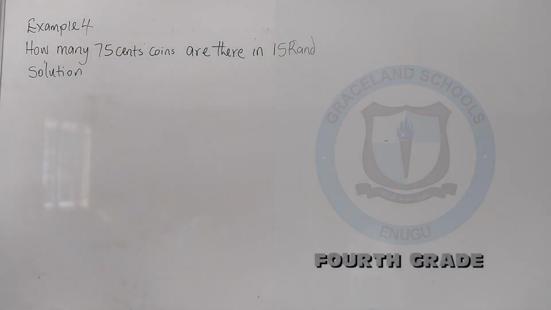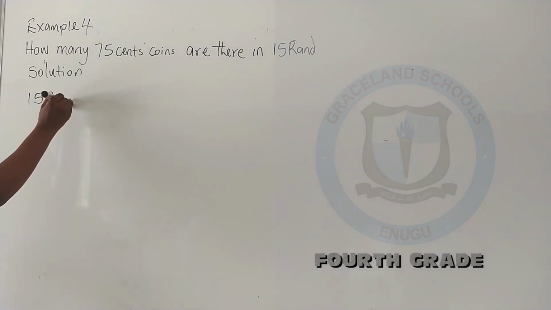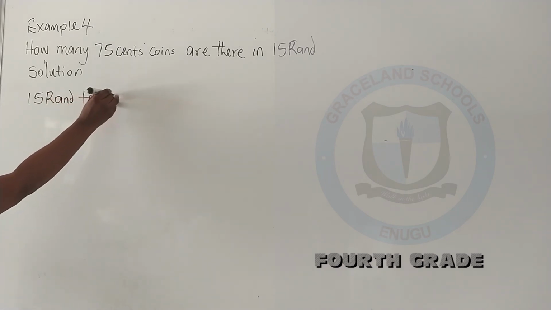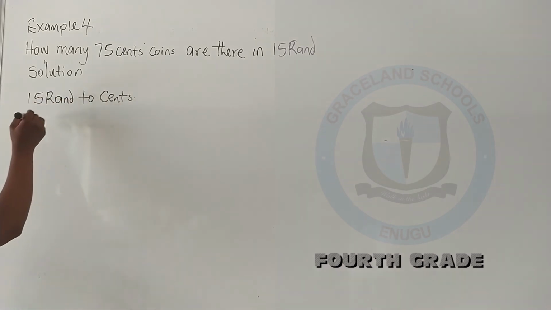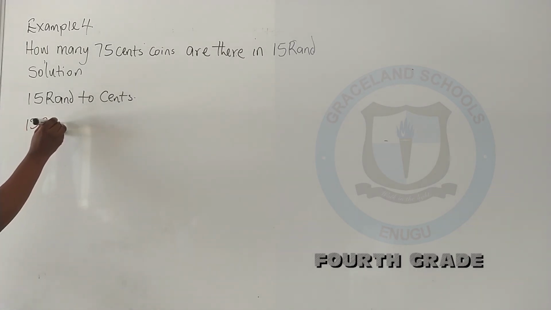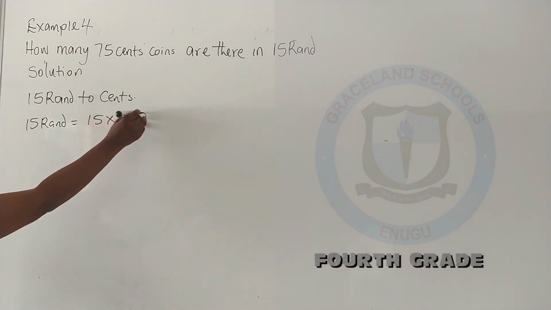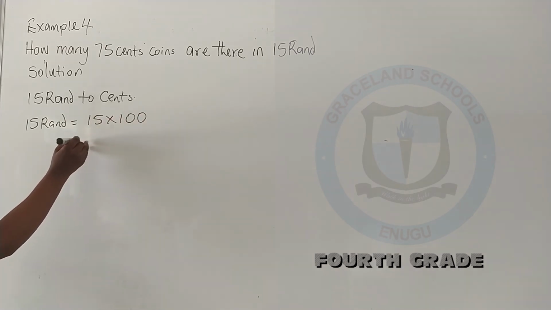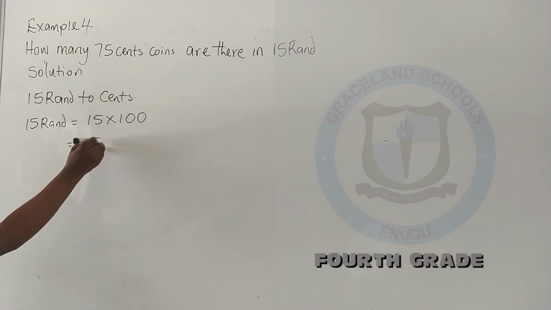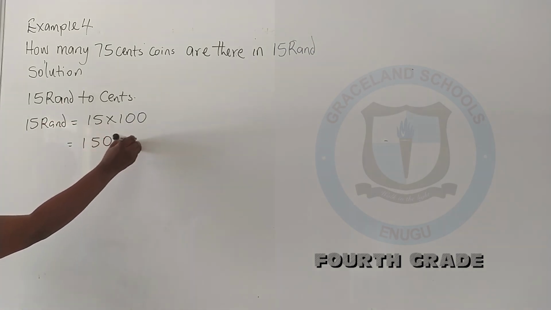Okay, let's start. 15 rand to cents equals 15 times 100, which will give us 1,500 cents.